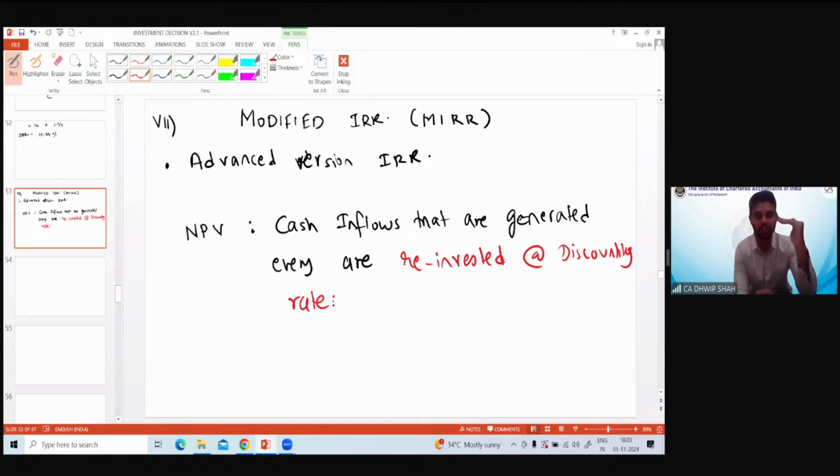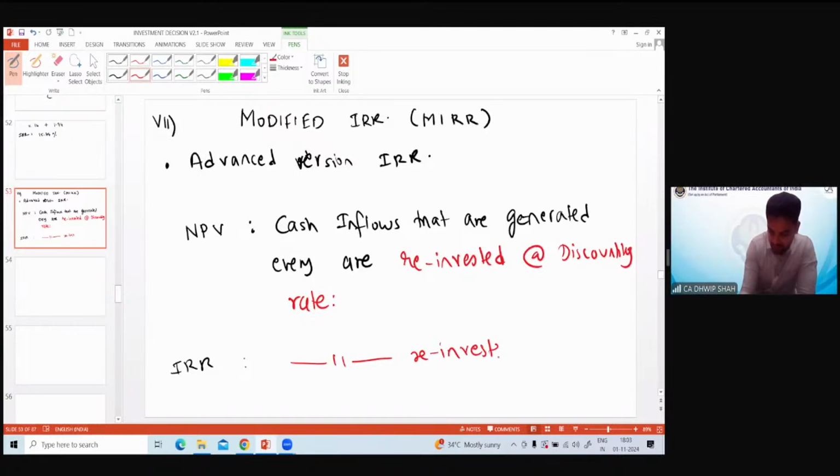The cash inflows that are generated each year will obviously be reinvested somewhere. So the NPV technique assumes that reinvestment would be at the discounting rate, and the IRR technique on the other end assumes that the cash flows are reinvested at the IRR rate.